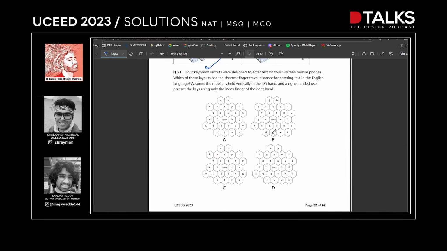All right. Four keyboard layouts were designed to enter text on touchscreen mobile phones. Which of these layouts has the shortest finger travel distance for entering text in English language? Assume the mobile is held vertically in the left hand and the right-handed user presses the keys using only the index finger of the right hand.